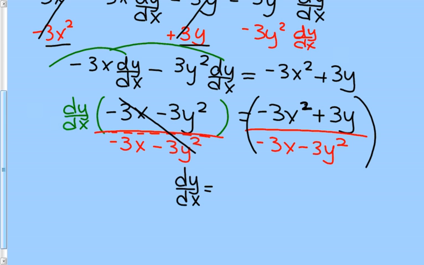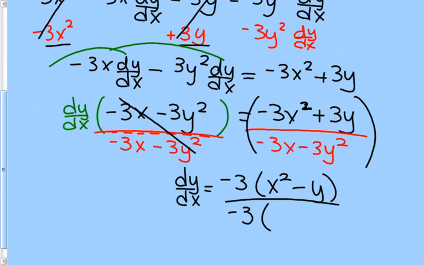So I'm going to take out a negative 3 from the top, so that leaves a positive x squared and a negative y. Over, okay, a negative 3 from the bottom, and that leaves a positive x and a positive y squared.